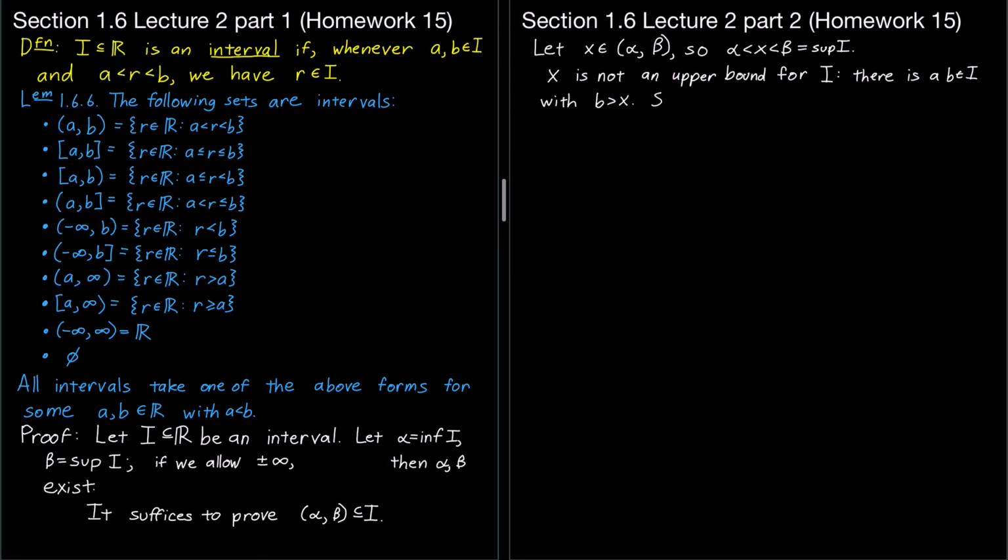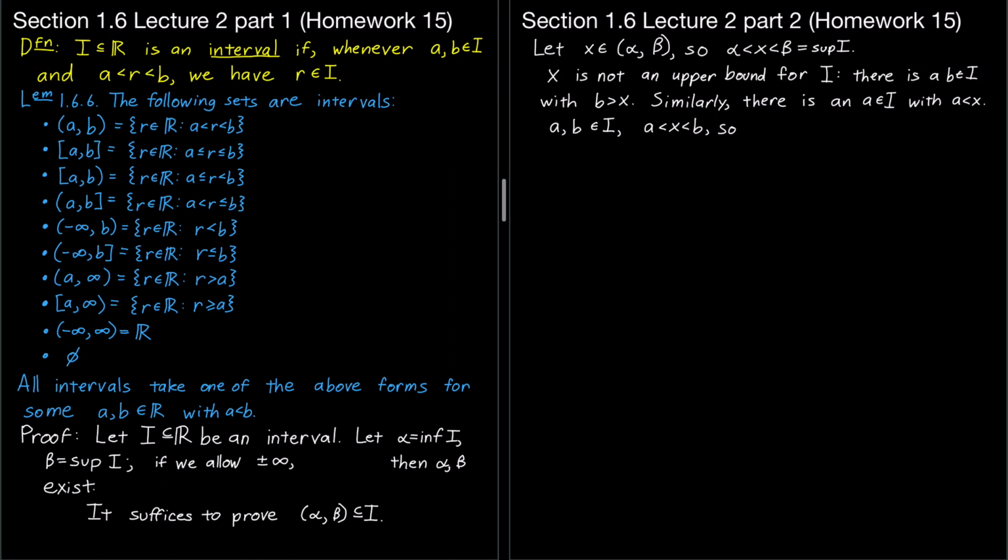And similarly, x is not a lower bound for I. That means there's something less than x that's in I. There is an a in I with a less than x. So a, b are in I, and a is less than x is less than b.